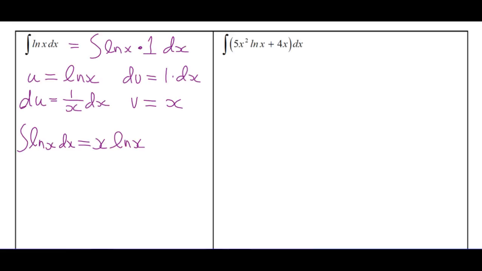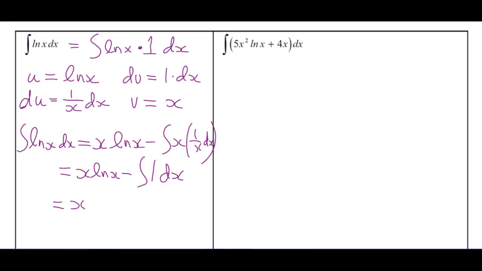Okay, so it's the product of u and v minus the integral of v, which is x, times du, which is 1 over x dx. All right, so this is x ln x minus the integral. What's x times 1 over x? Just plain old 1, so this will be 1 dx. What's the integral of 1? X. So we got x ln x plus x plus c.